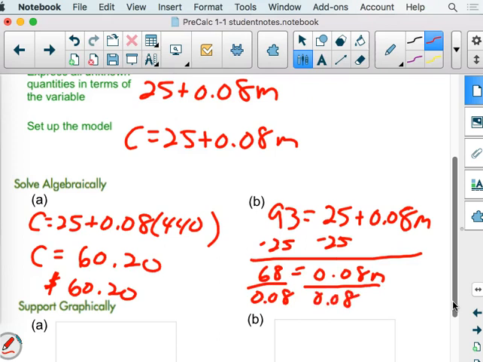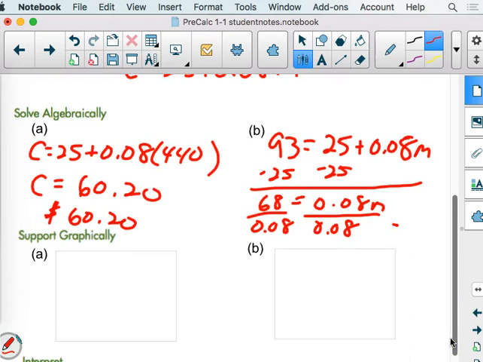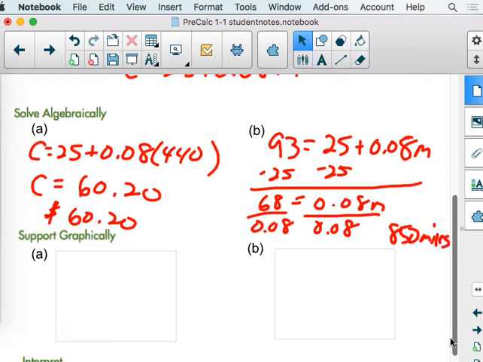So how many miles for, what was the guy's name? John. 850 miles. 850 miles. So it says support graphically.